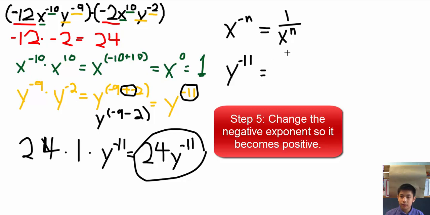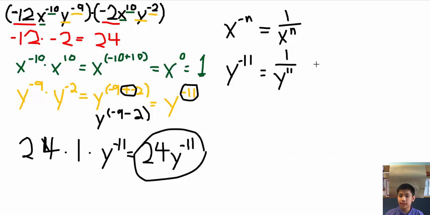Converting that using this rule, we get 1 over y to the positive 11th power. As you can see, we have successfully converted from negative 11 to positive 11.